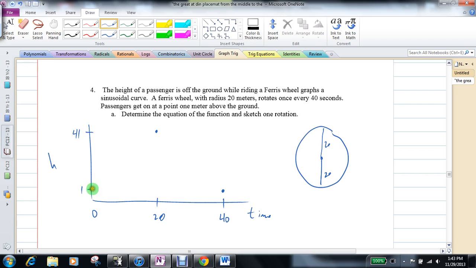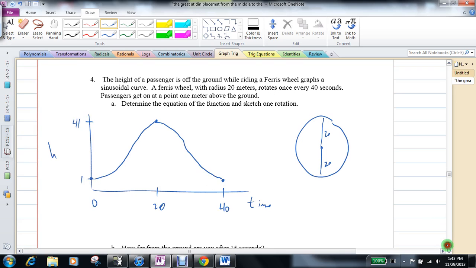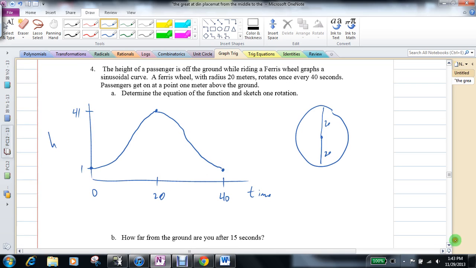And basically, the rider will travel along in this fashion. And this should look to you like a sine or a cos curve. That is one rotation where the person gets on at time 0 and is back at the bottom at time 40, and that is one rotation.